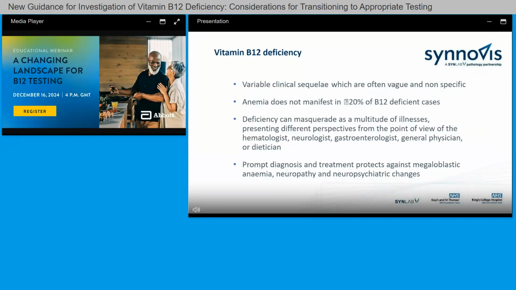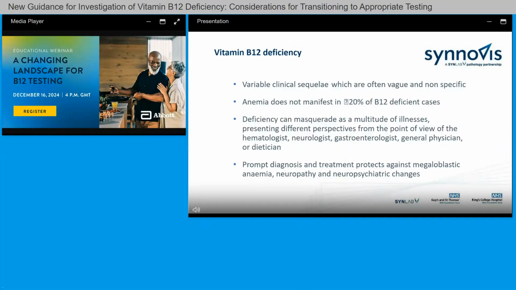Now, vitamin B12 deficiency can be quite difficult to diagnose, and there are a number of reasons for this. One of the reasons is that the signs and symptoms of deficiency are often vague and often non-specific. Healthcare providers tend to look for anemia, but actually about 20% of B12 deficient people don't have anemia at all.